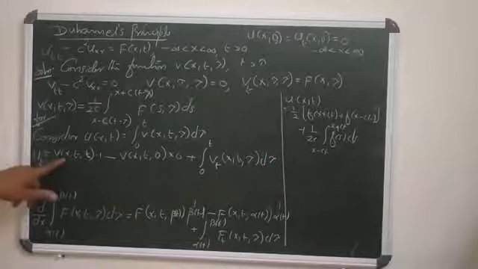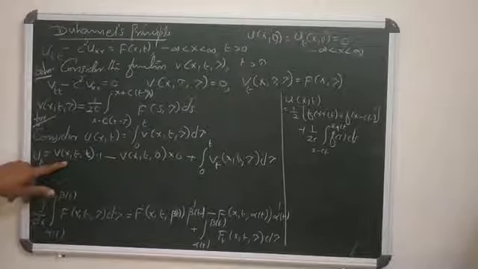But what is v(x,t,t)? v(x,lambda,lambda) equals 0.